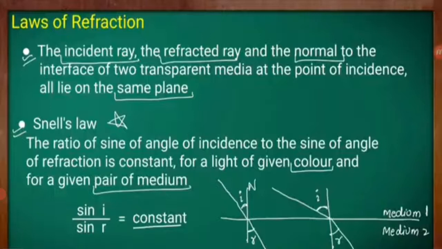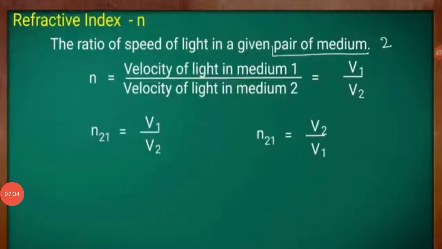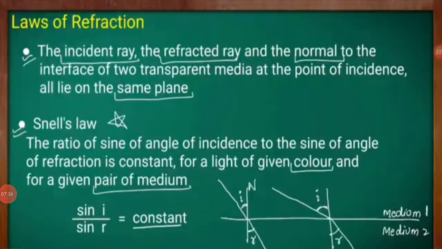But in the second case, sin i by sin r is the same as the ratio in the first case. That means for a given color and a given pair of media, sin i by sin r is going to be a constant.